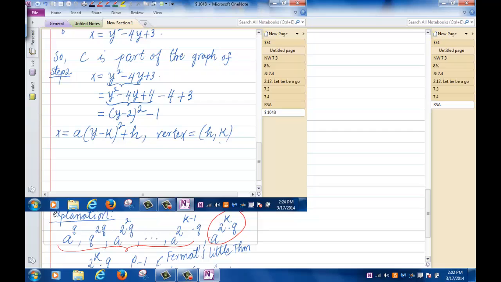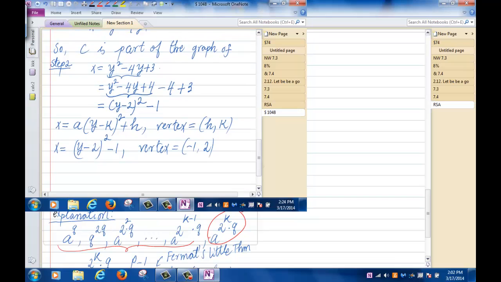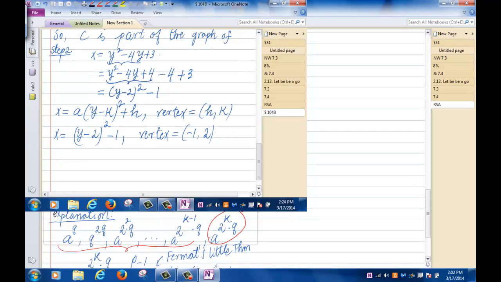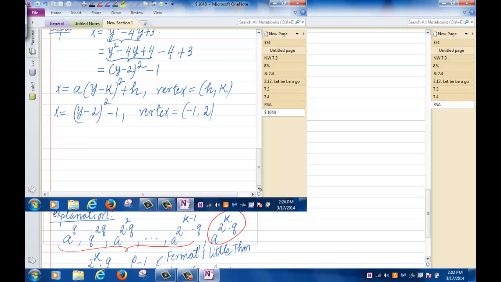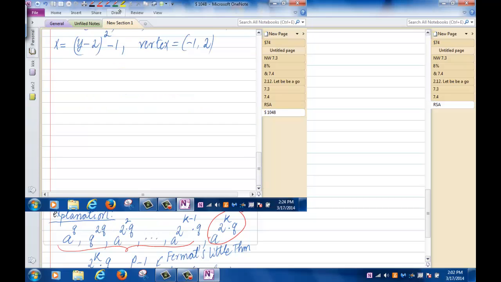Am I making sense? So in our problem, we have x equals (y minus 2) squared minus 1. So for us, what's the vertex? The vertex would be negative 1 and positive 2. Remember, in the formula, it's y minus k, so whatever k is, that will be your vertex. So let's try to draw this parabola then, if I can.